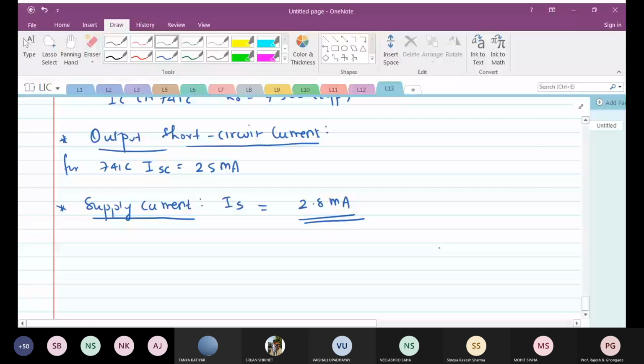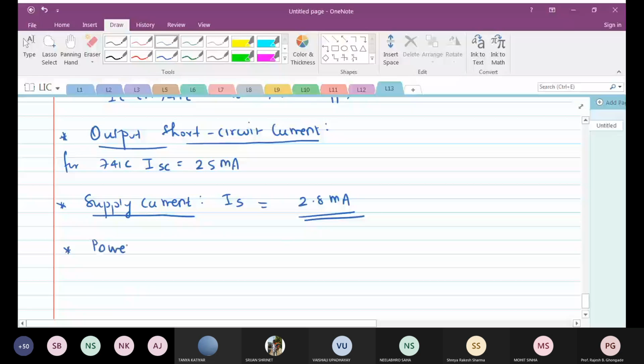Another important parameter is the power consumption. This is termed as PC. It is the amount of quiescent power, that is when Vin is equal to 0, that is there is no input voltage.